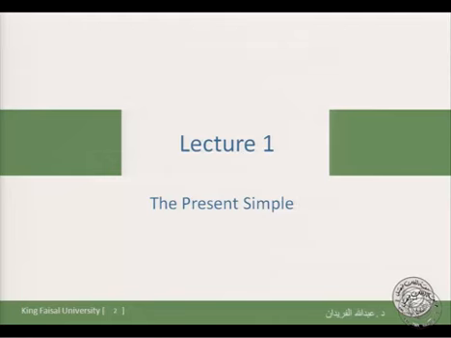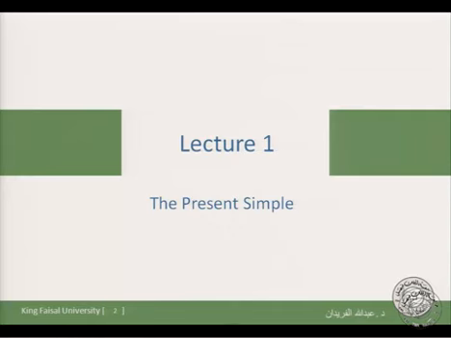I'm sure that you have studied the present simple in the intermediate school, in your high school, and in the first year here in the university in general English reading and writing. But let us revise. It's very important that we start from the first chain. It's like a chain. We should start from the first chain so we can move smoothly to the rest of the courses, or to the rest of the units.